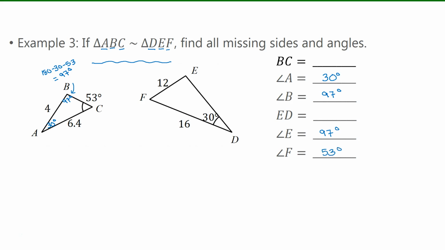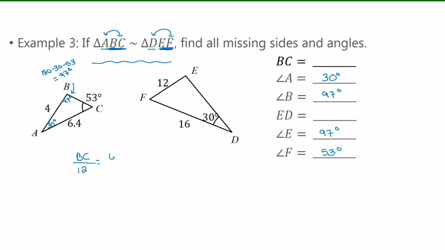Now to find the side lengths, I need to set up a proportion. So we'll start with BC over. So again, I can look at the similarity statement to see which side corresponds with BC. BC corresponds with EF, which is 12. Now I'll pick side length AC, which corresponds with DF.